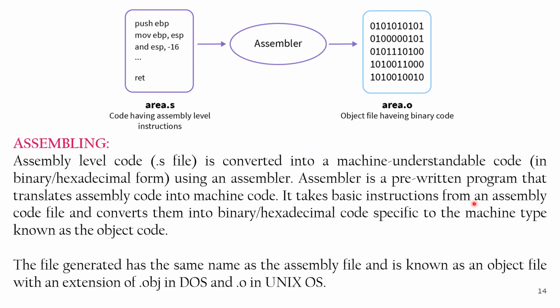It takes basic instructions from an assembly code file and converts them into binary or hexadecimal code which is specific to the machine type. The code created by the assembler is nothing but my object code. When we work with DOS, the extension of this file will be .obj, and if we work with the Unix operating system, the extension of the same object file will be .o.